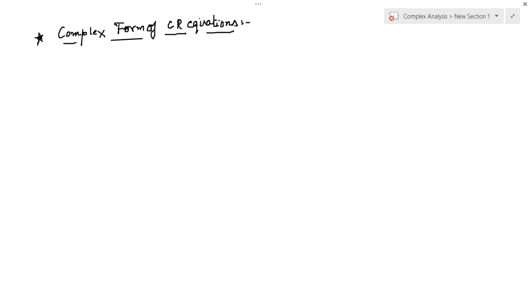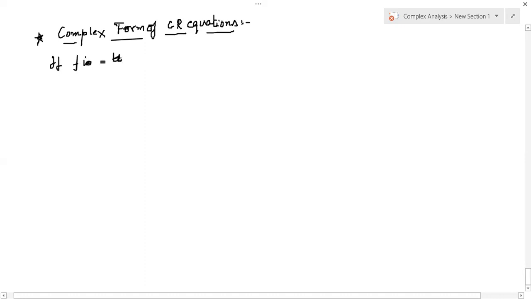So we already have seen that if f is equal to u of x comma y plus iota v of x comma y, and f is differentiable at, let's say, point z naught, then obviously we know that Cauchy Riemann conditions hold.